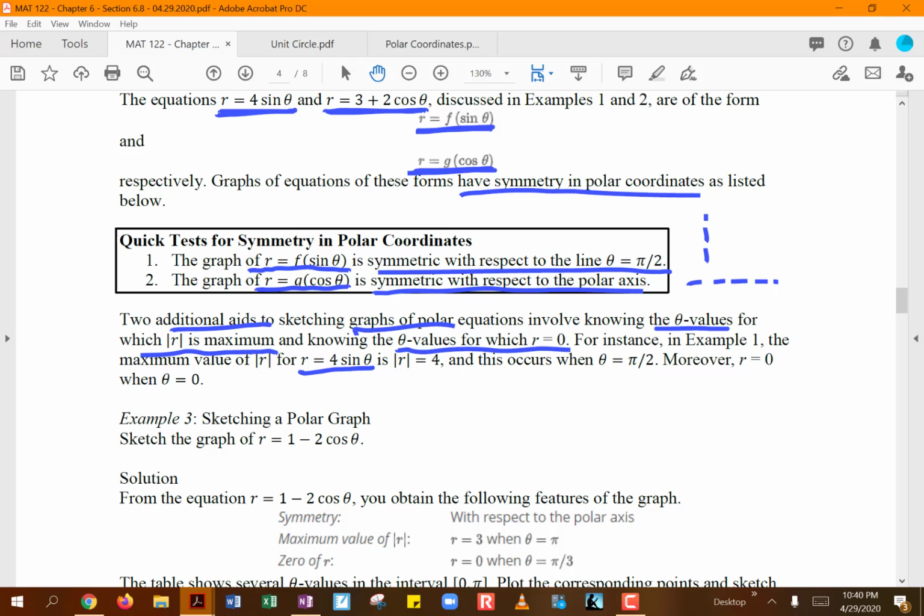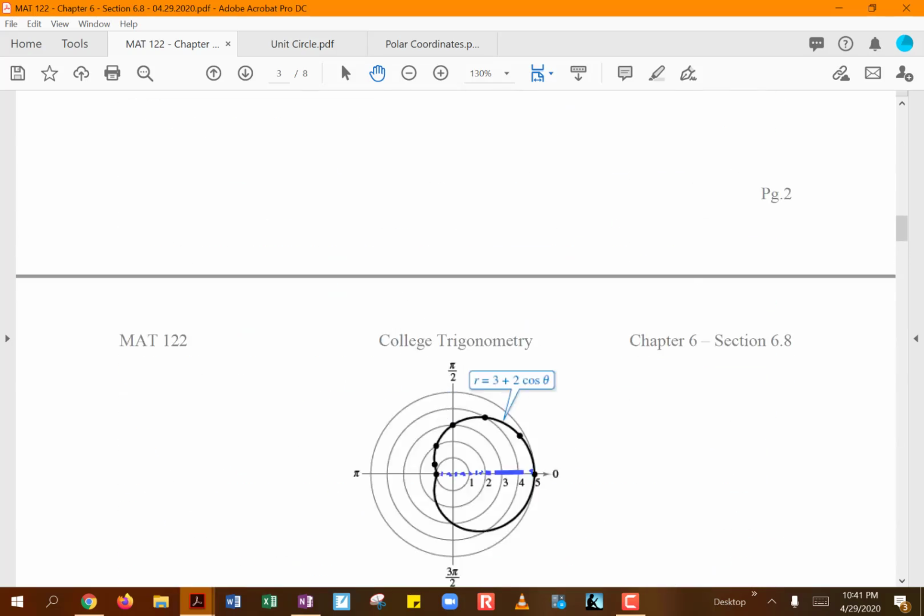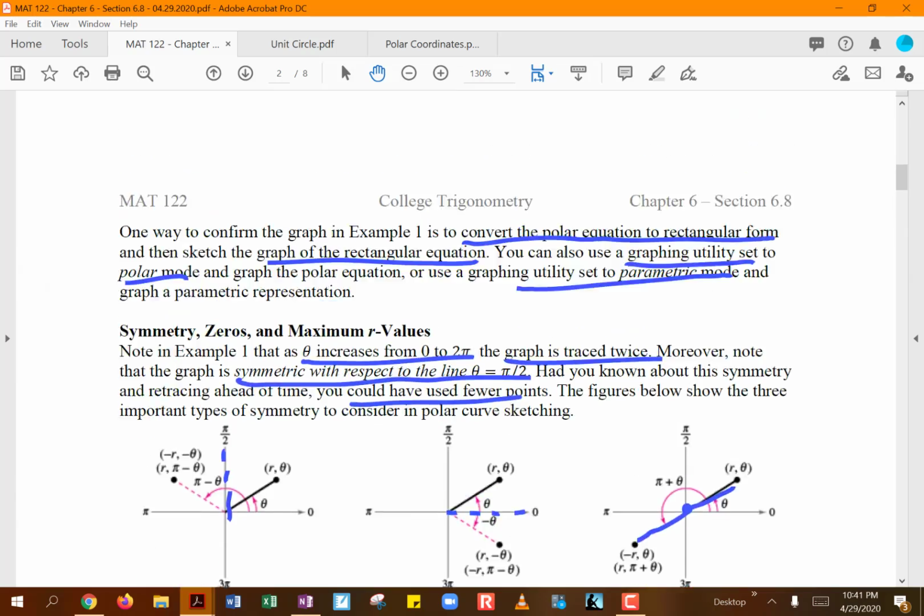So in our example 1, where this function was r equals 4 times sine of theta, the maximum value of r is going to be the absolute value of r equals 4. And this happens when the angle is pi halves, and the value of r is going to be 0 when theta is 0. So let's verify that really quickly over here.